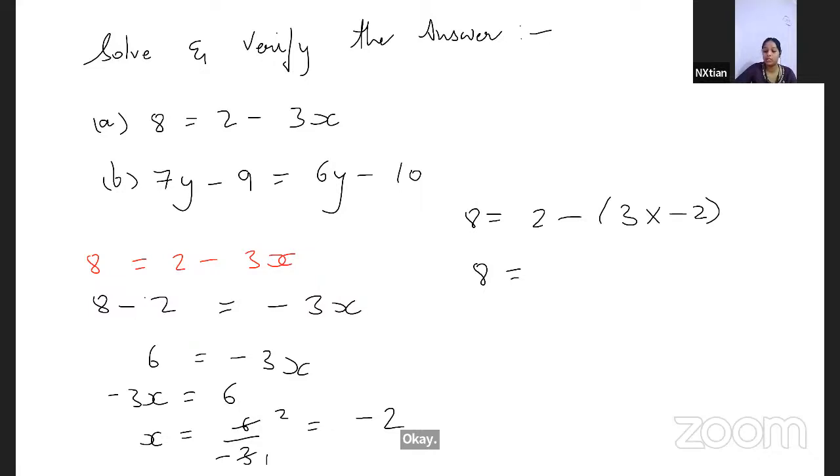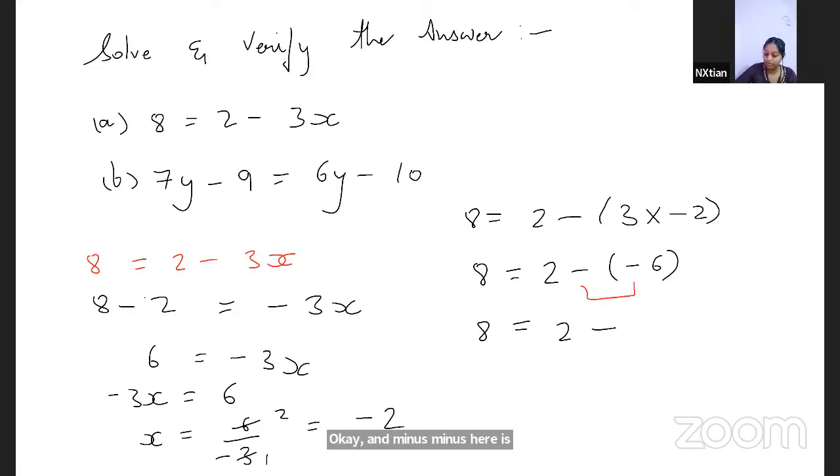Yes, 3 into 2 is 6. So it becomes 2 minus 6. Okay, and minus here is plus. So it becomes 2 plus 6. 8 equals to 8. Okay, this is the verification part for it.